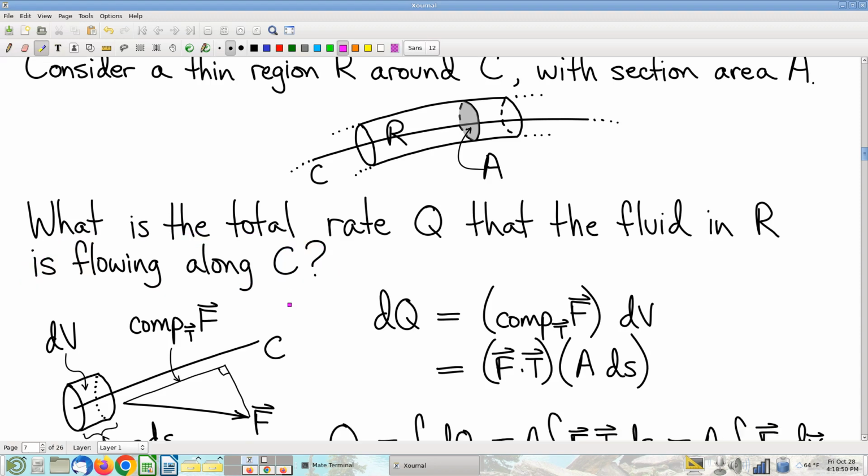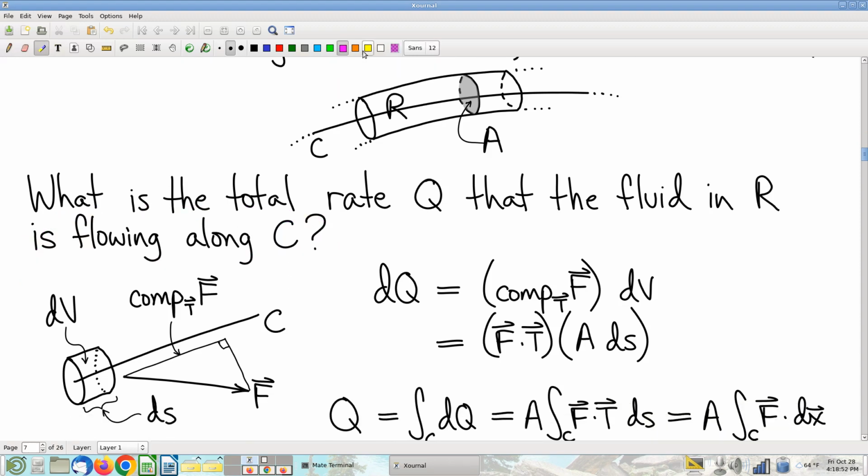Okay. All right. So here's the idea then. If I've got a little piece of volume of fluid, I can compute how much volume there is in this little piece of the fluid I'm interested in by looking at the cross-sectional area, which does matter. This area is going to matter.